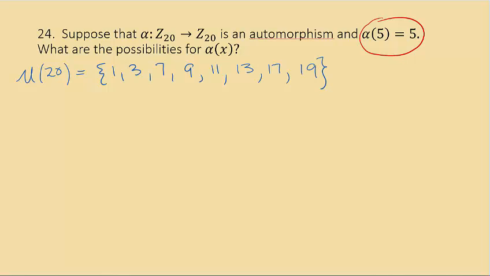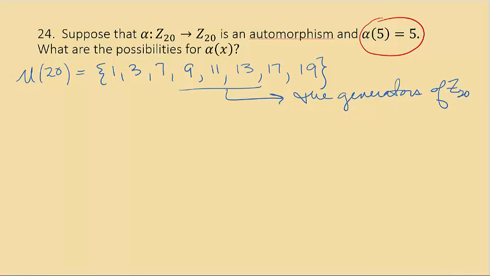Well, look at U20. U20 has 8 numbers in it, and those 8 numbers are those that are relatively prime to 20. So we know that looking at these as elements of Z20, they are precisely the generators of the group. So these numbers here are the generators of Z20.